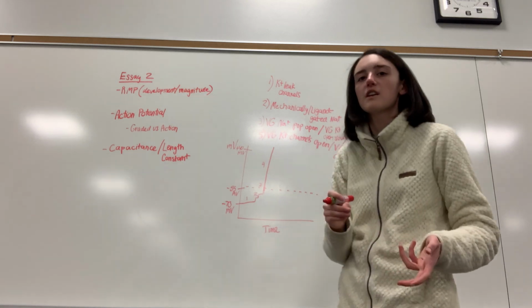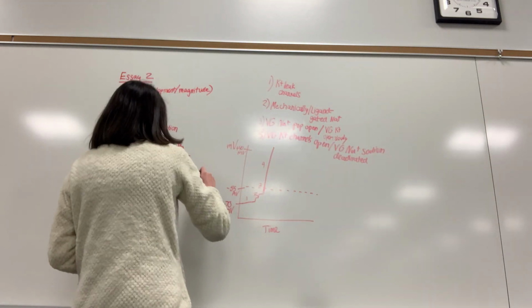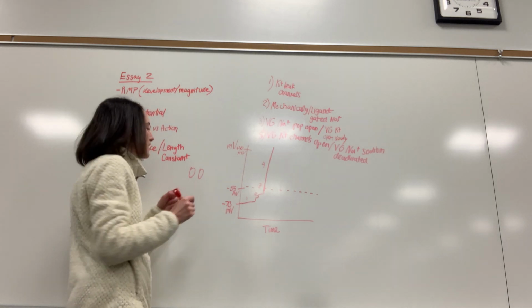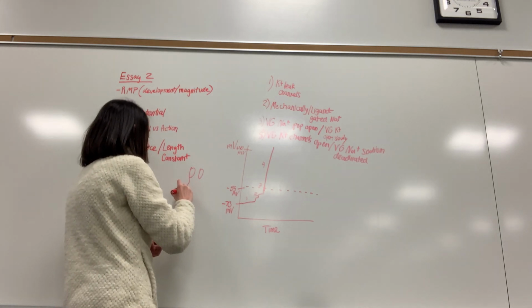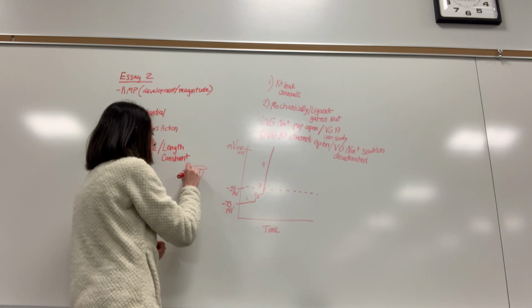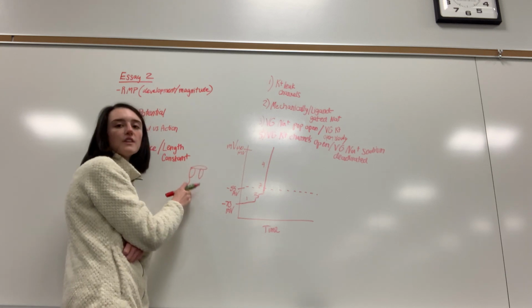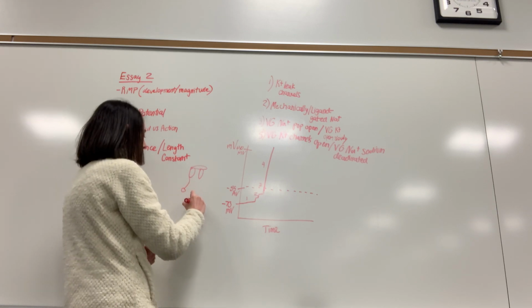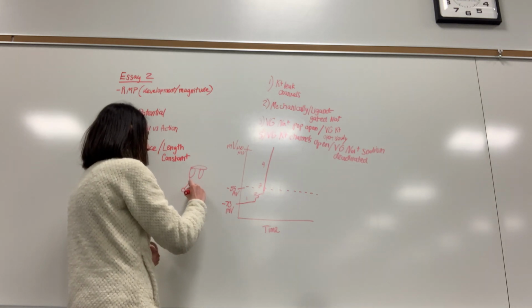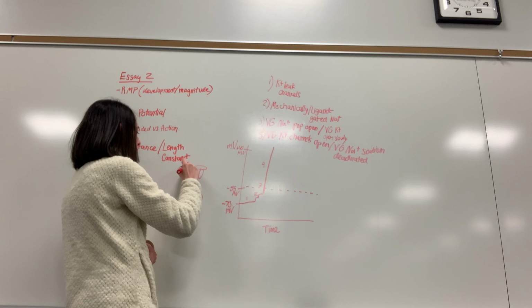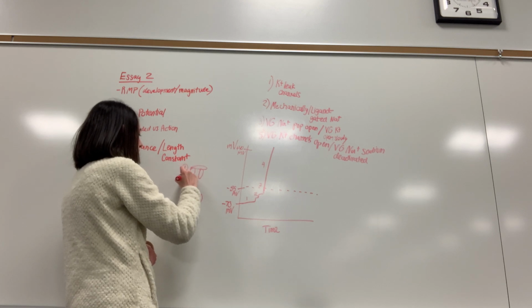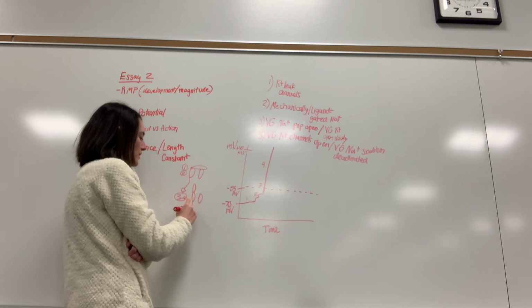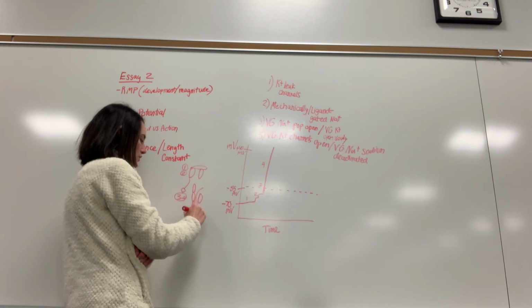So if I represented the sodium channel like this, and we represented this as the lid and this as controlling the activation versus deactivation, this is what happens at step 1 and 2. At step 3 through 4, we have the lid popped open and we're allowing all that sodium to go in.